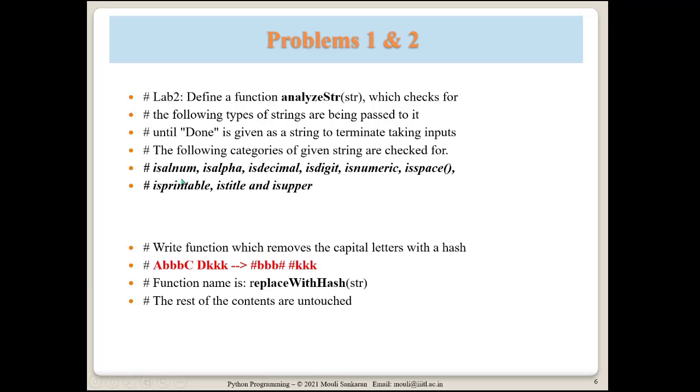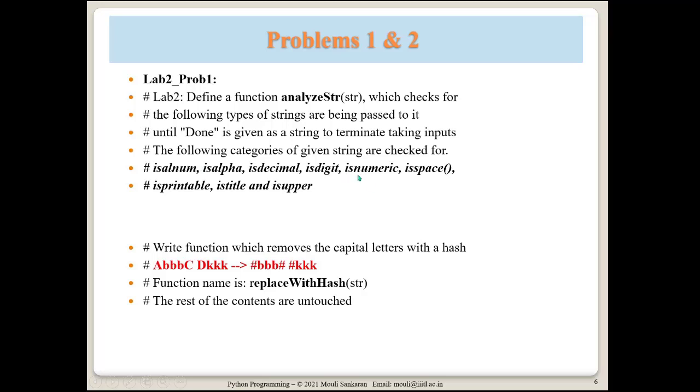Is alphanumeric: the string has alphabets as well as numbers, like my string 1. Is alpha is only alphabets, no decimals, no numbers. Is decimal is only numbers. It has got 1 2 3 4 5, something like that. Is digit is a single digit, 1 2 3, then this will be true. All of them are like a boolean.